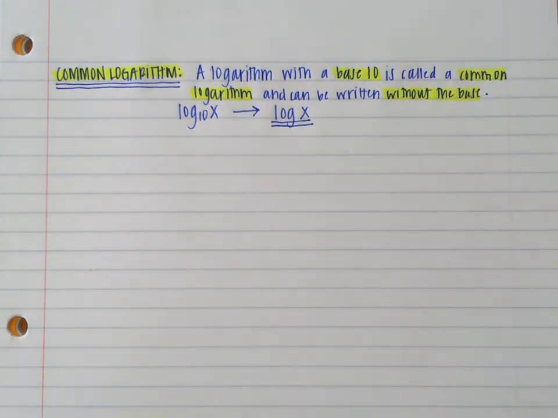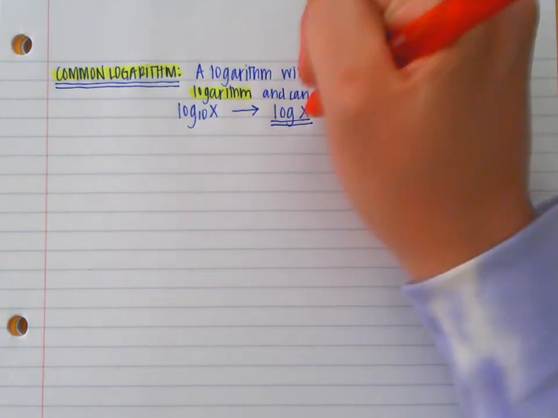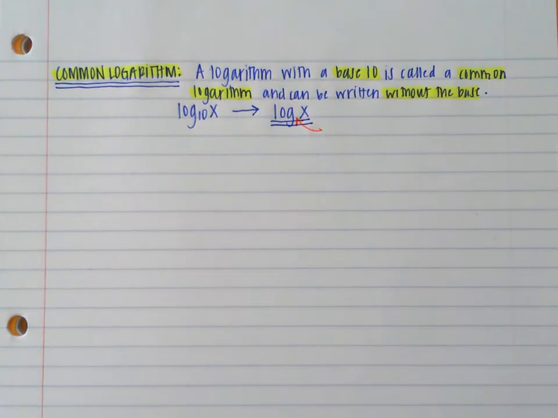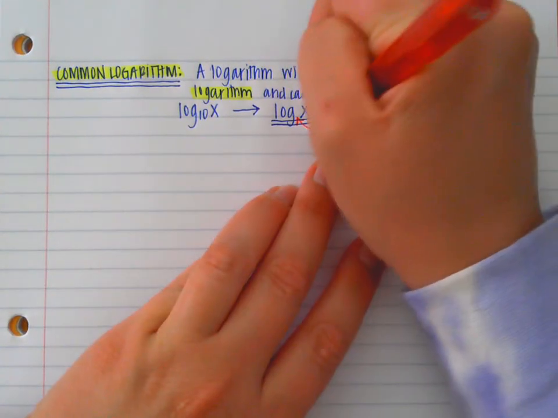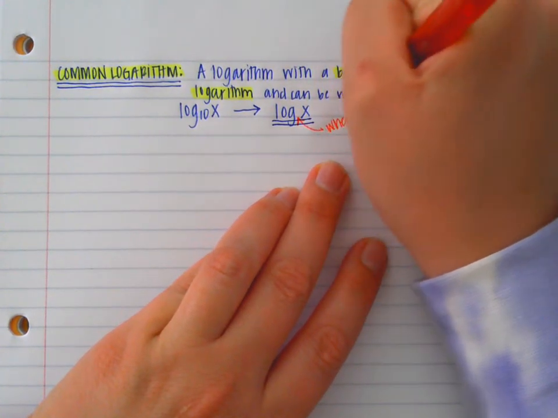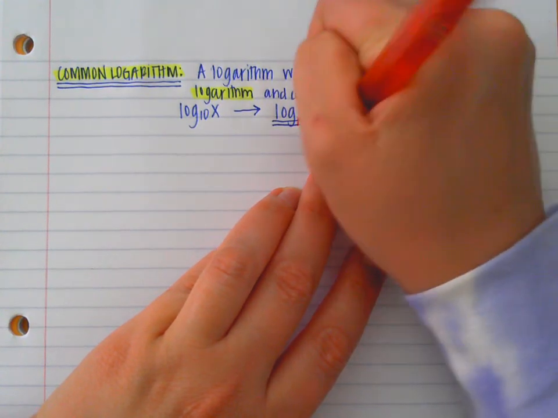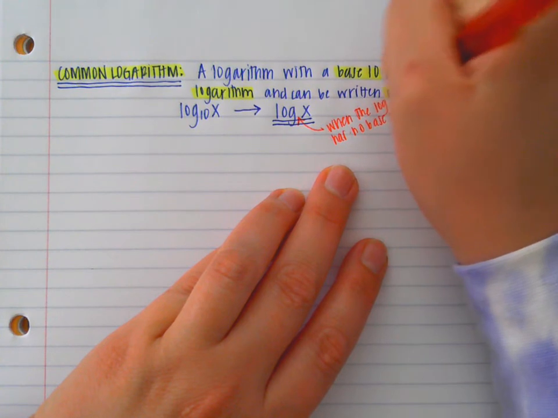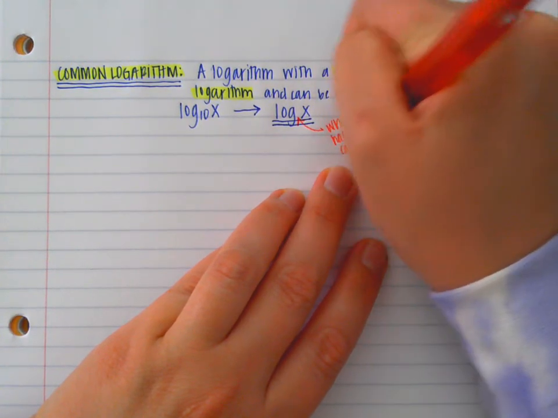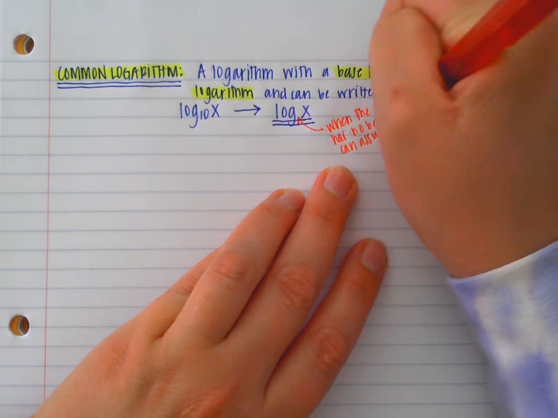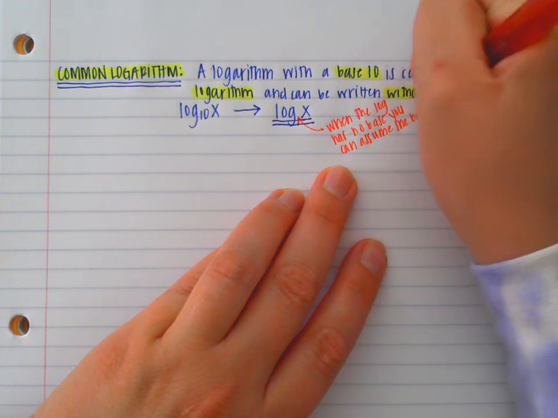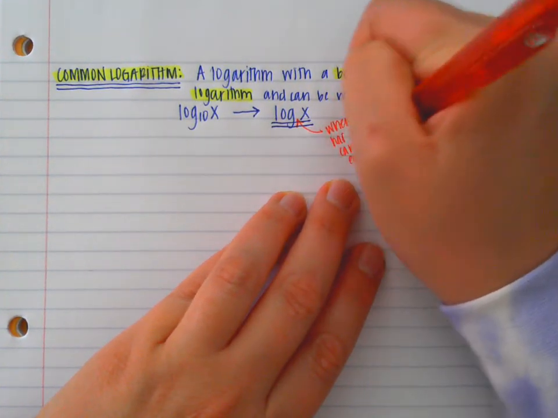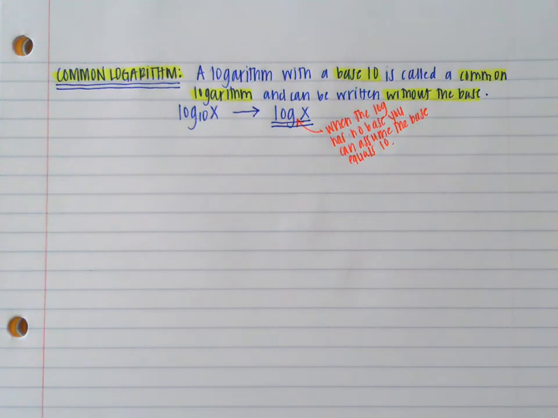So it's super important. So again, when a log has no base, you can assume the base equals 10.